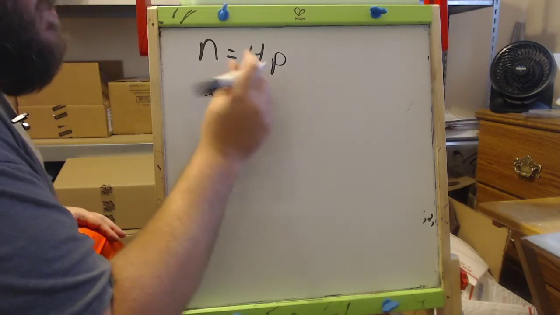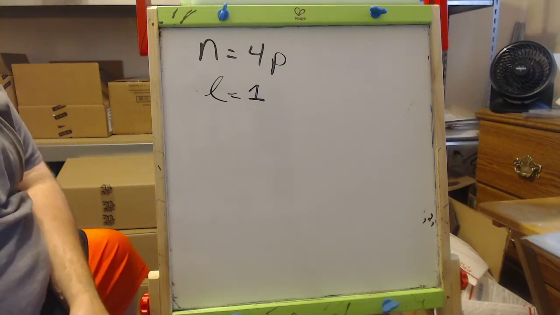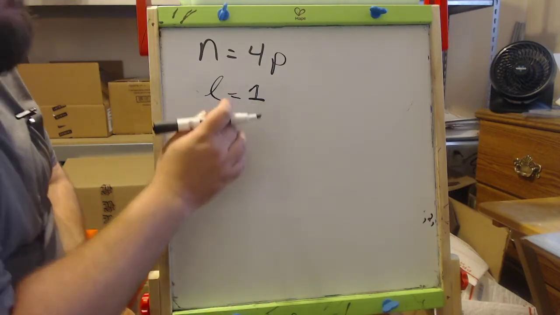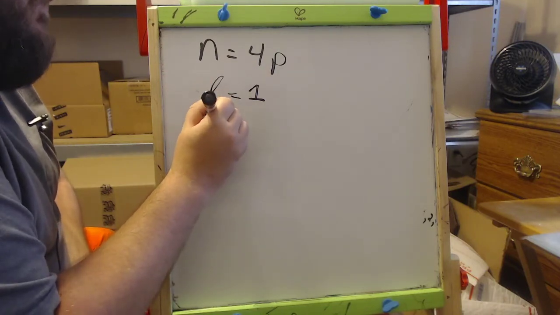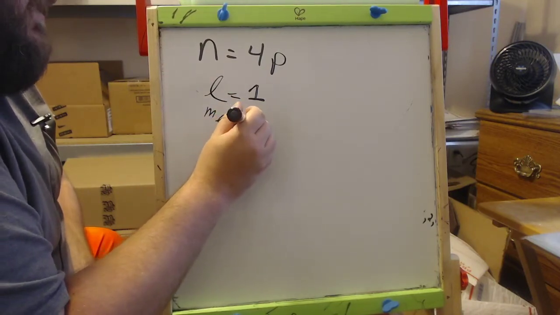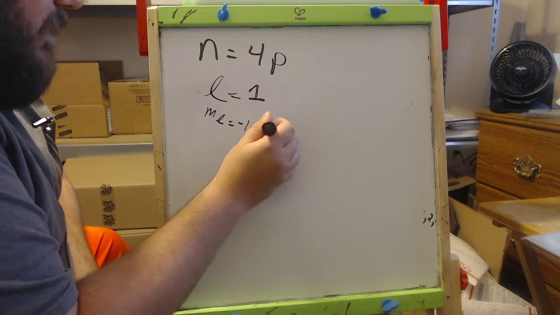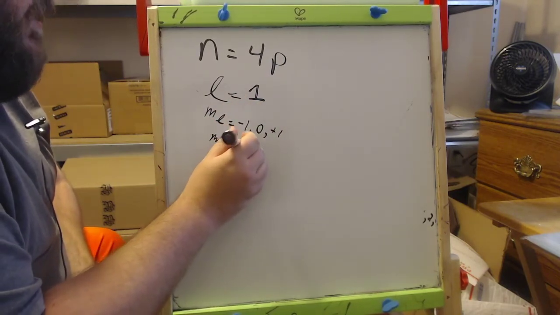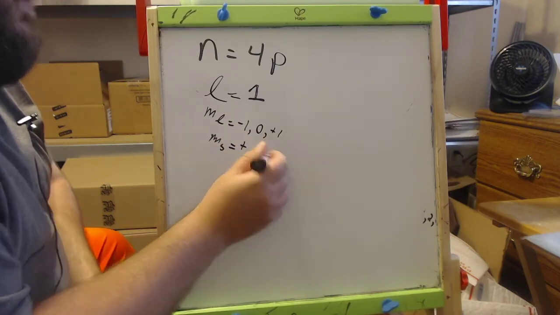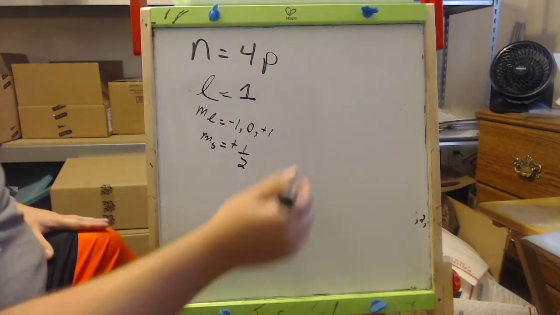So we narrowed it down. Now we're saying the person's in 418. Okay? We're being more specific. I don't have to list everything that's in n equals 4. Then the m sub L would be negative 1, 0, and positive 1. And my m sub s would be plus or minus a half. So we'll say plus a half here. Now we can get even more specific.